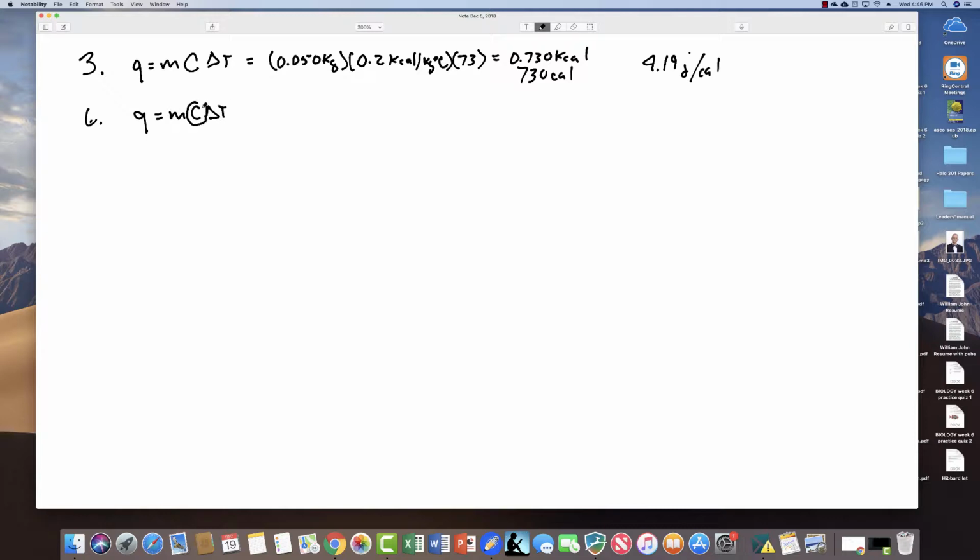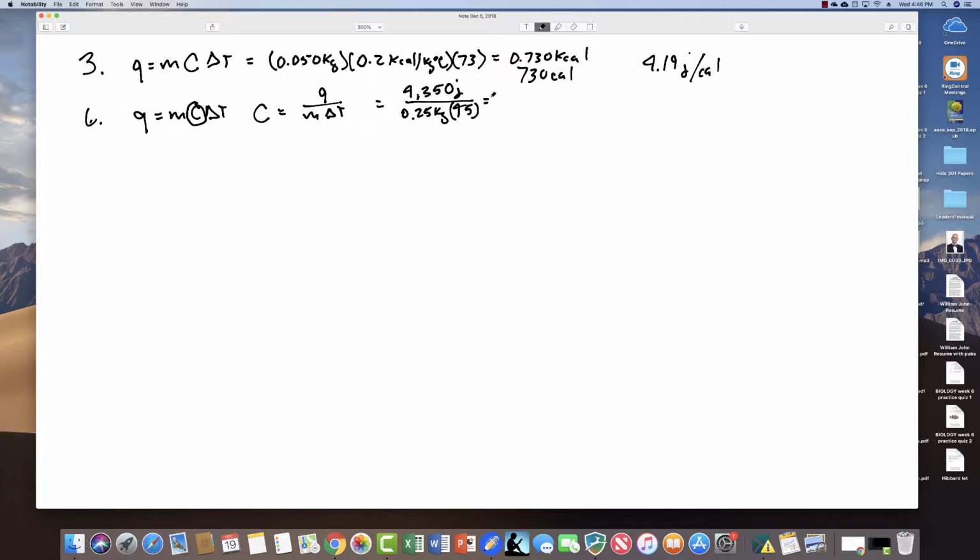Now we want to know C, and so C is going to equal Q divided by m delta T, and Q here is given as 4.35 kilojoules. Now in the table, it's actually joules per kilogram, so let's say this is 4,350 joules divided by, and the mass is 0.25 kilograms, and the change in temperature is 45 degrees centigrade.